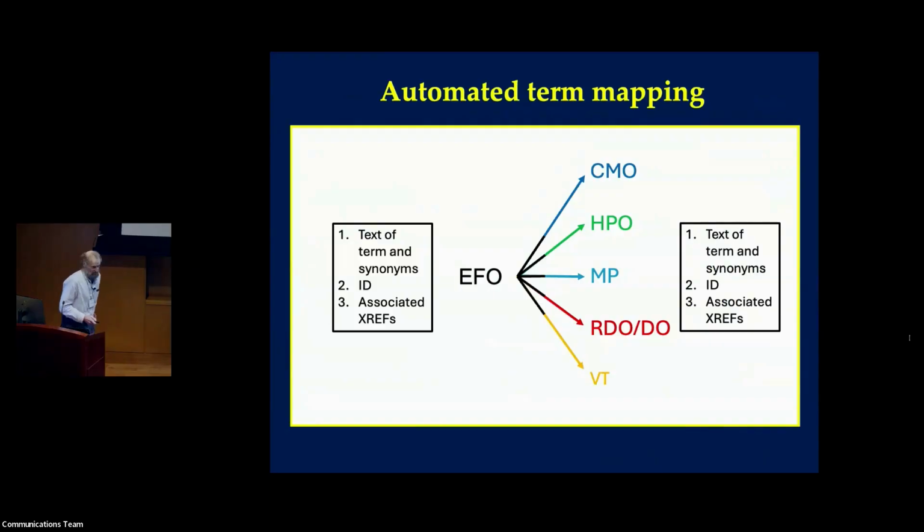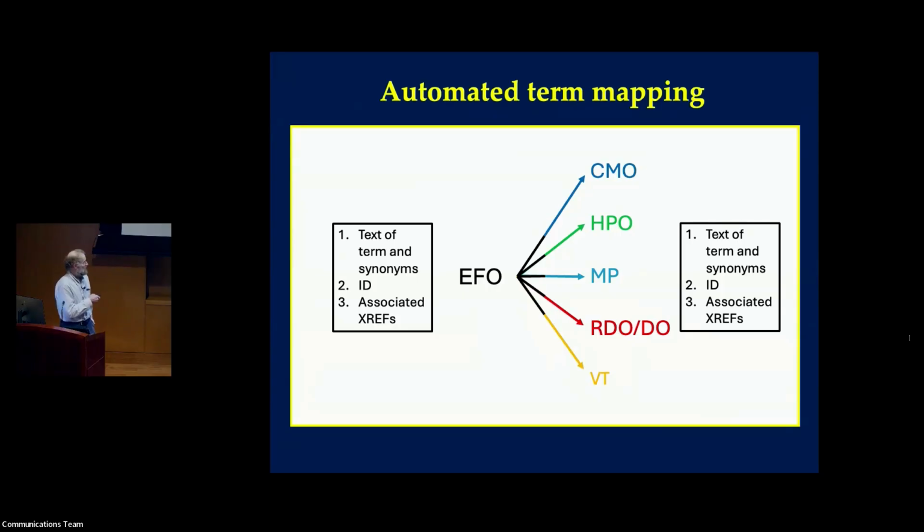All right, so essentially the process was twofold. First, we did an automated matching of terms that our developers put together, and it was a use of the text of the term and text of the synonyms, the ID of the term, and the associated xrefs.